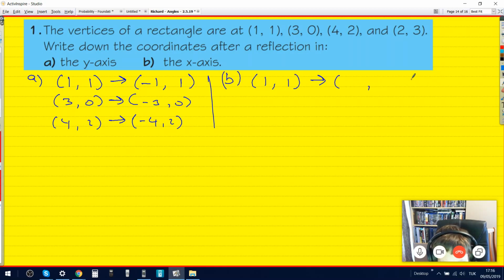So for 1, 1, I think it would be 1, minus 1. How about 3, 0? It would be 3, minus 0.